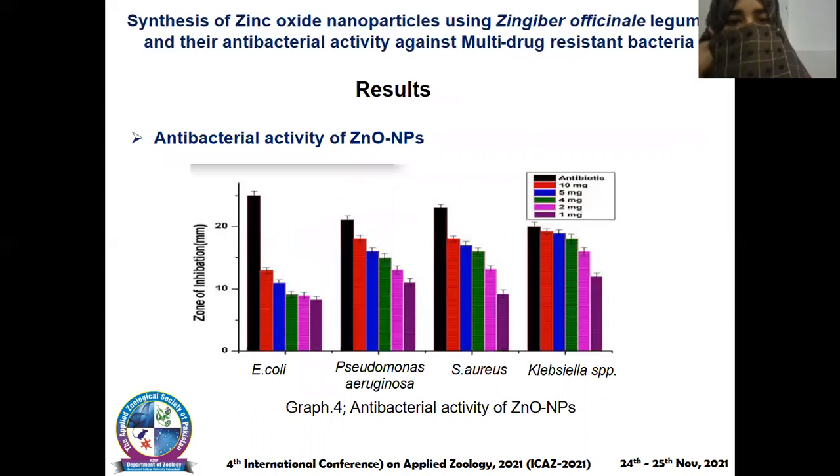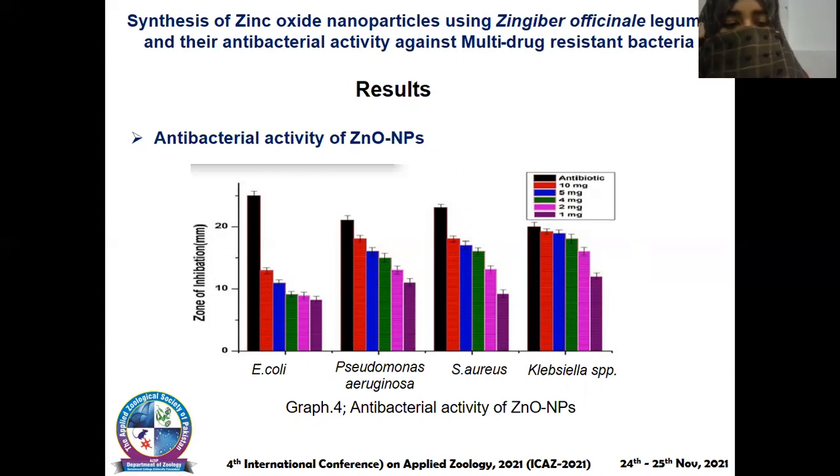Okay, the next one is antibacterial activity of zinc oxide nanoparticles. The data of the antibacterial assay exhibit that most of the selected bacterial strains were highly susceptible to zinc oxide nanoparticles. The bacterial strains showed different inhibition zones against various concentrations of zinc oxide nanoparticles. Klebsiella was found to be the most susceptible strain among all the strains.